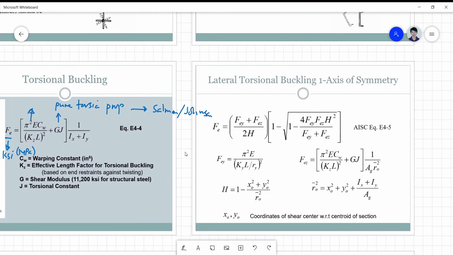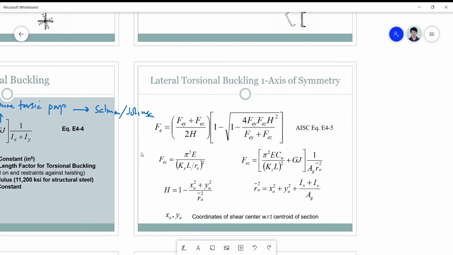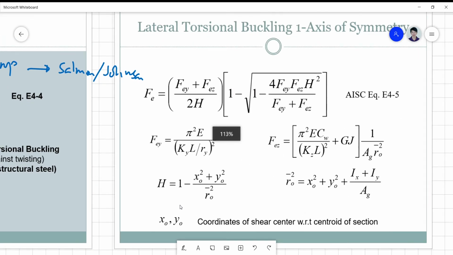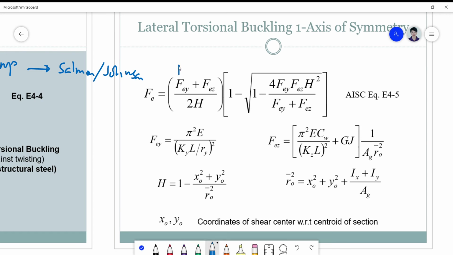So for the lateral torsional buckling on one axis of symmetry, the formula is again more involved, no? Because we have here to include the lateral translation and the torsional. Okay, so the lateral translation is actually represented by FEY.